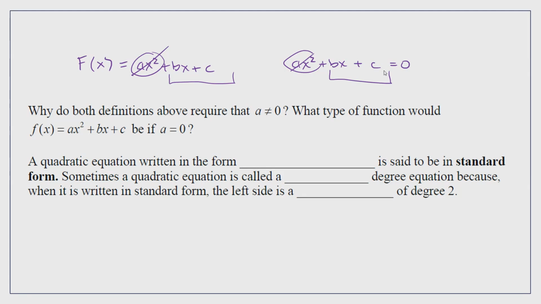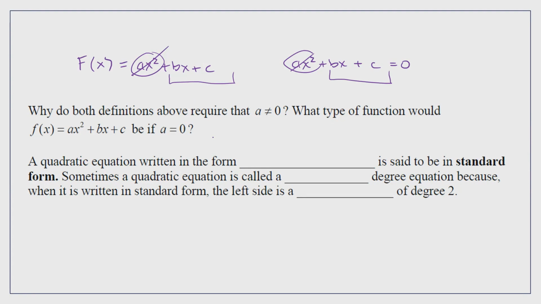It is now a linear function, written in the form y equals mx plus b. So if a equals 0, we've changed our function or equation to a linear function or equation. That's why we do not want a to equal 0, and it's a requirement when working with quadratic functions and quadratic equations.